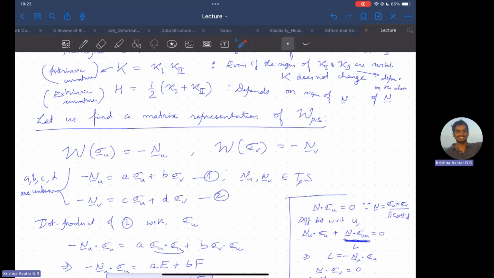Right, the span of this defines the tangent plane. And we know that W of sigma u is equal to minus nu, and W of sigma v is equal to minus nv. Now minus nu is equal to a sigma u plus b sigma v, and then minus nv is equal to c sigma u plus d sigma v.